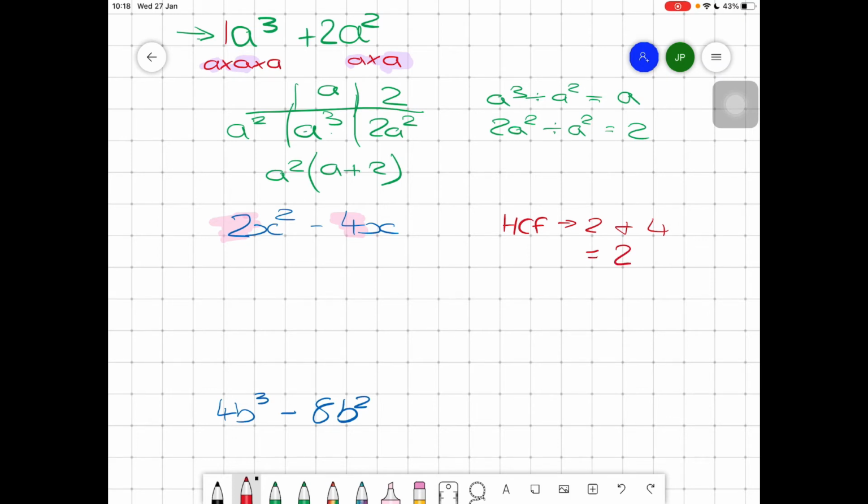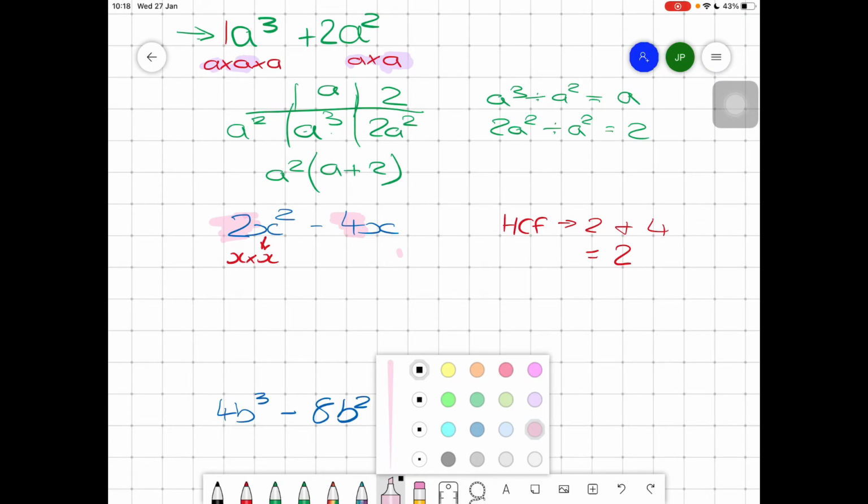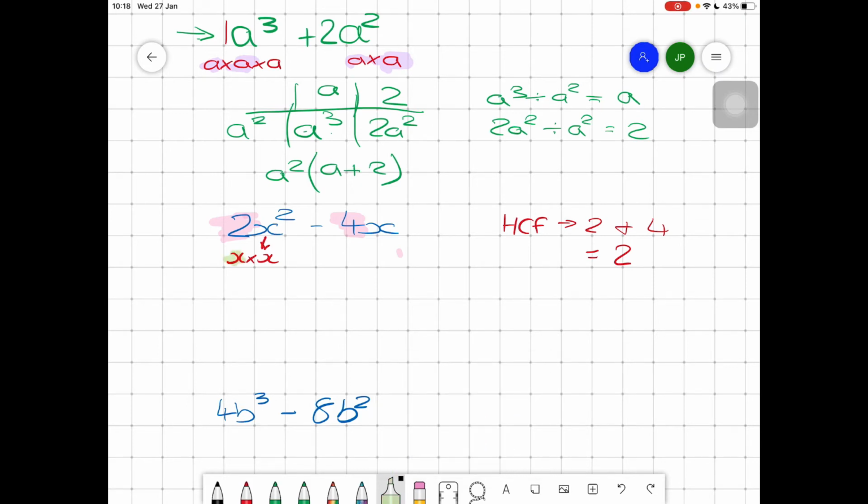I also need to think about x squared, which is made up of 2 x's multiplied together, and I've got an x multiplied. Therefore, I can actually take out an x as well, because I've got an x that's included in both.